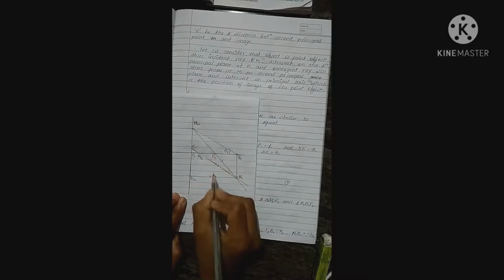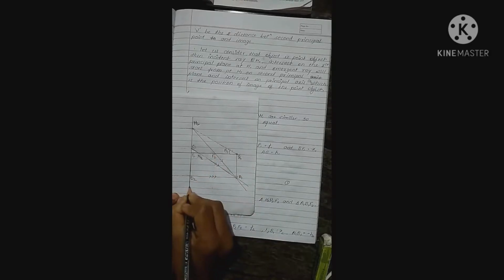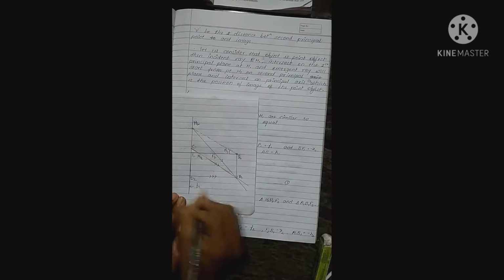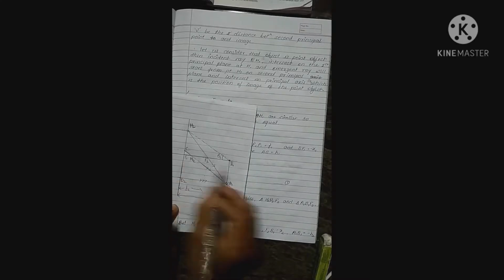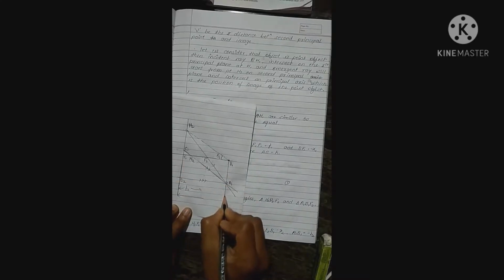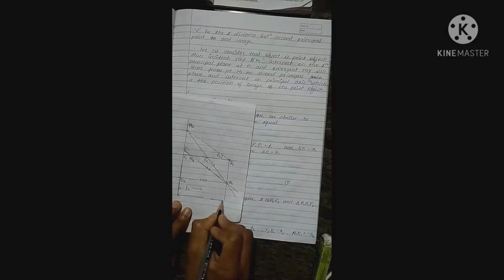Similarly, the distance between P2 and F2 is the second focal length. The distance between P2 and the image is the image distance, which is denoted by V, and the distance between F2 and the image is denoted by X2.